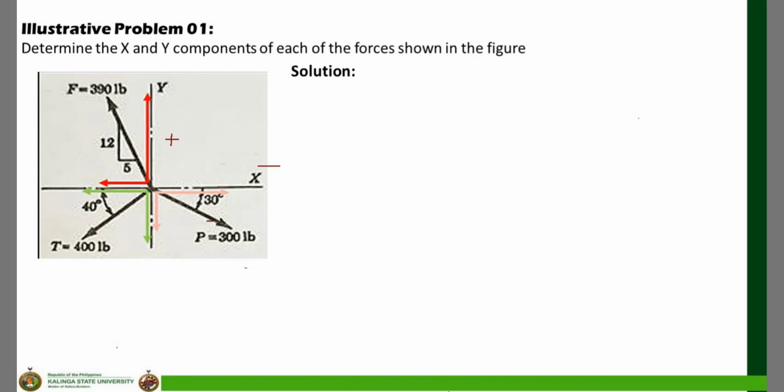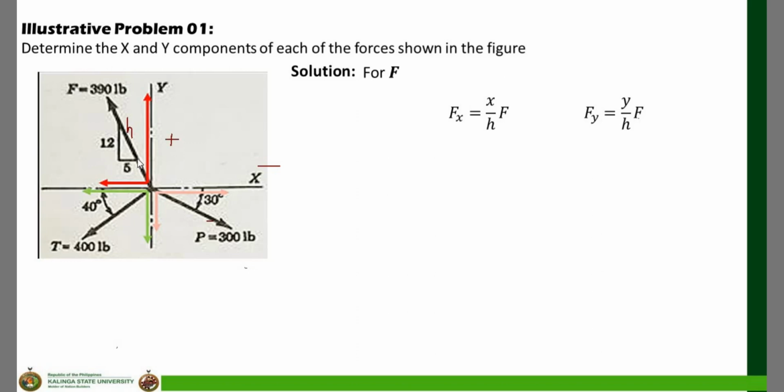To solve for the components of that force F, like what I showed you in the previous slide, we are going to use the slope triangle, wherein Fx is equal to x over h multiplied by F. But this time we need the value of h, the hypotenuse of the small triangle. So, how do we solve that one?